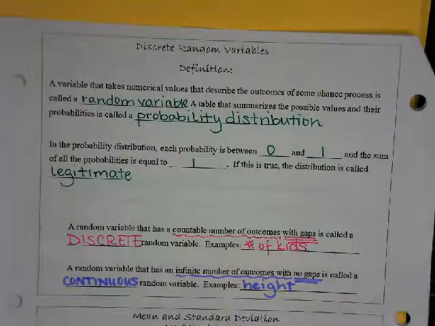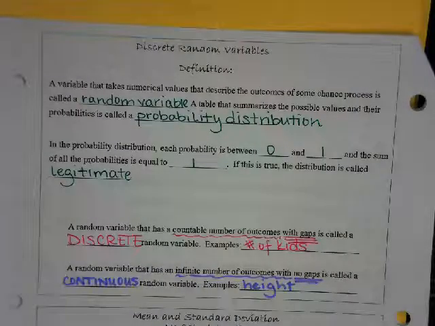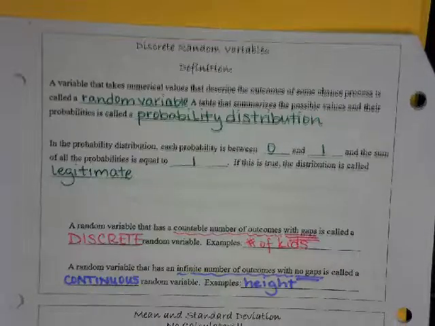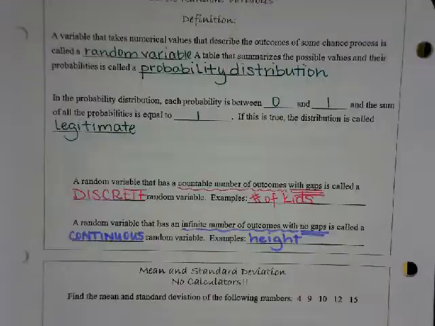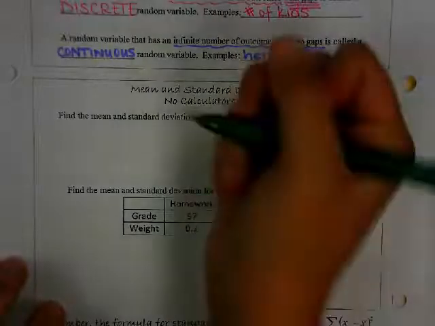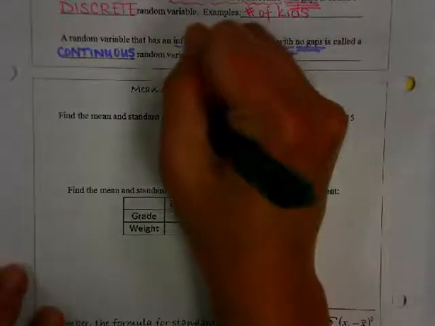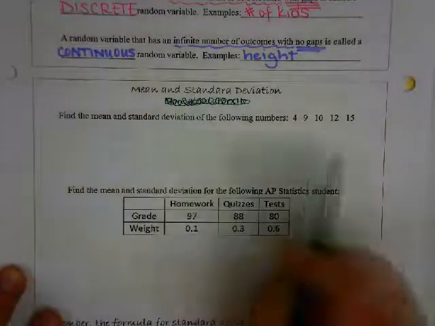All right, so any questions before I move it up? I'm going to change my mind on this. I said no calculators, but you guys can use calculators. Go ahead. I want you to find the mean and the standard deviation of those 5 numbers.